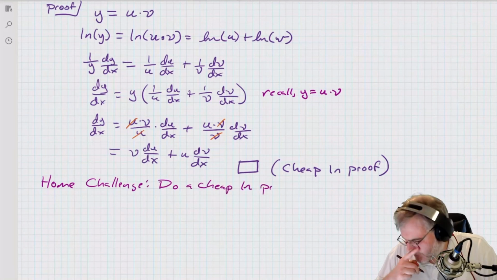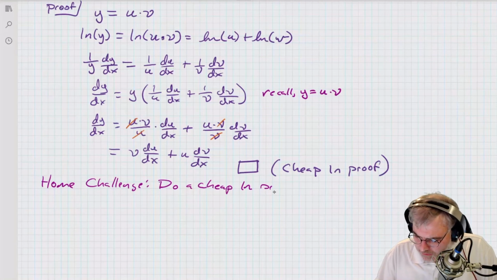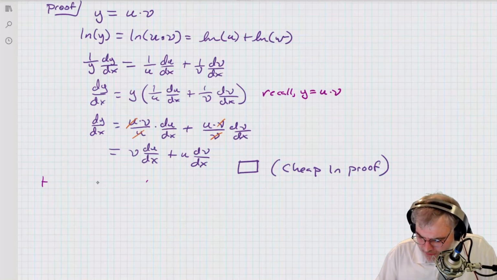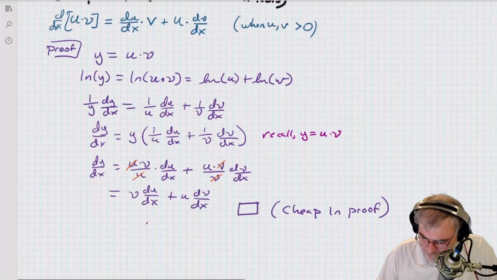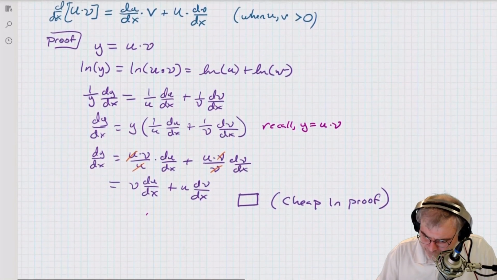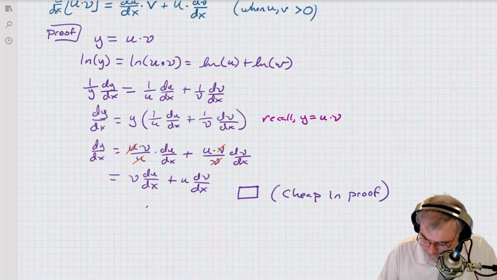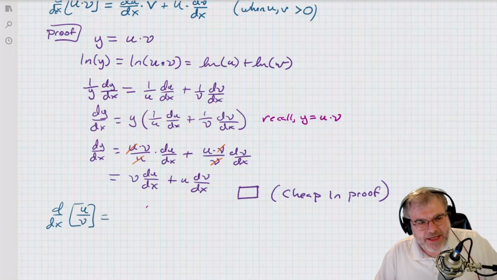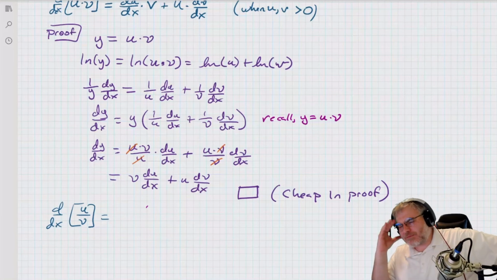Oh, I've got time. I'll just do it. Well, let's do a cheap ln proof of the quotient rule. Oh, wait. Dang it. I can't remember the quotient rule. Which one comes first?